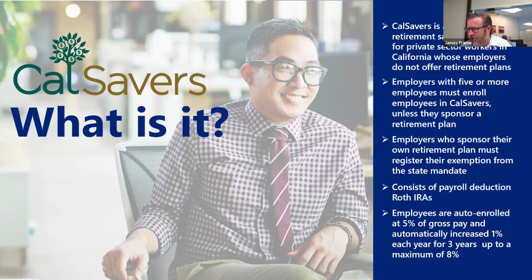But 5% is a good start. Then it's going to increase by 1% each year for 3 years, up to a maximum of 8%. So it's a good start. I'm glad they're putting this in place. But that's the overall arching theme of what CalSavers is.